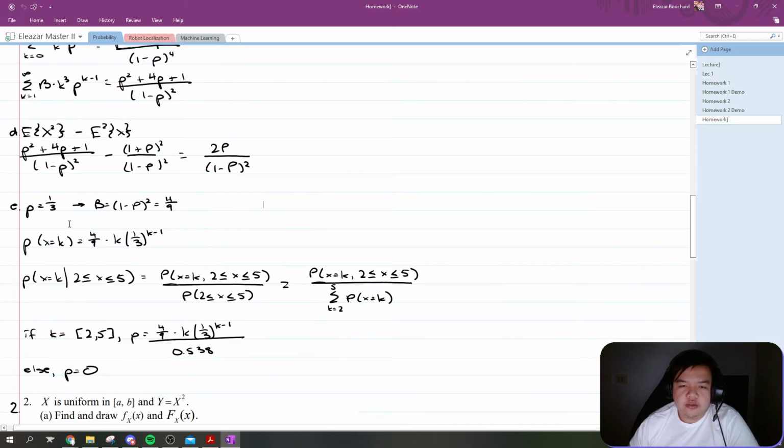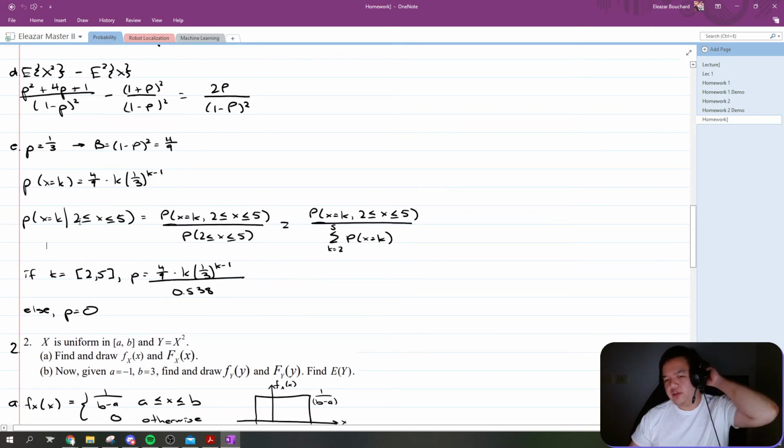Breaking this down, if p is equal to 1/3, then with the formula we know, b is equal to 1 minus p squared, which results in 4/9. The probability of x equals k will equal 4/9 times k times 1/3 to the k minus 1.